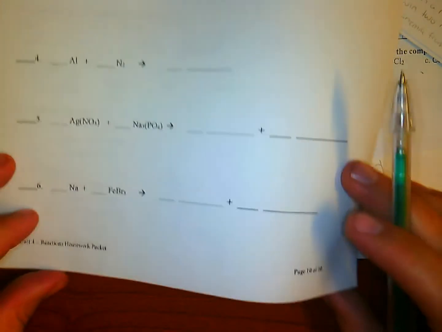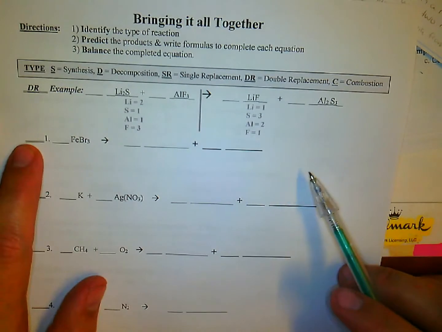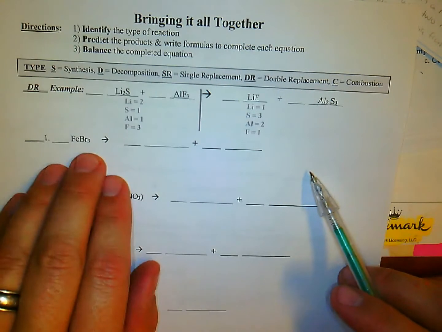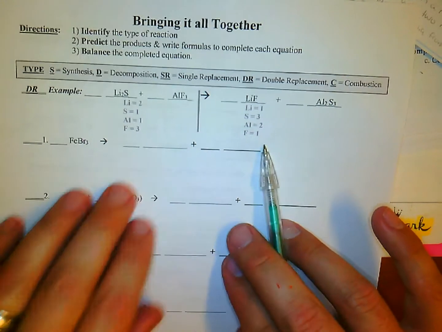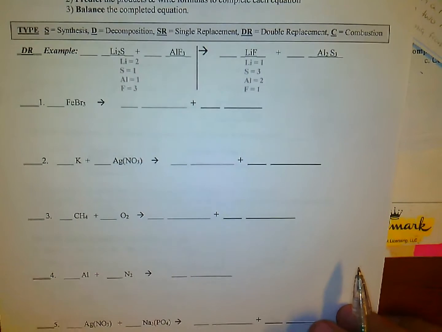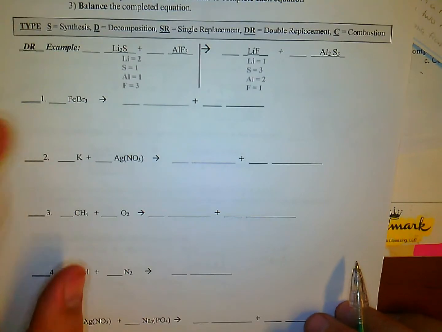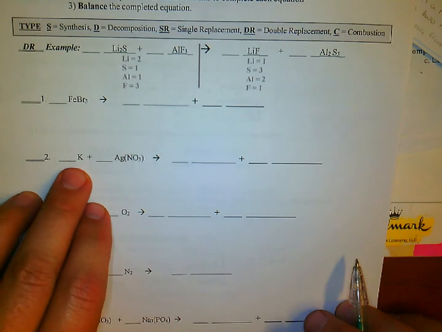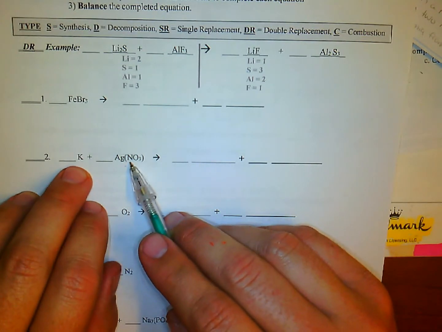Page 10 is just a review. You figure out what type it is, you then have to predict the products, and then you have to balance the equation out. So we'll look at number 2. Number 2, you have an element and a compound.